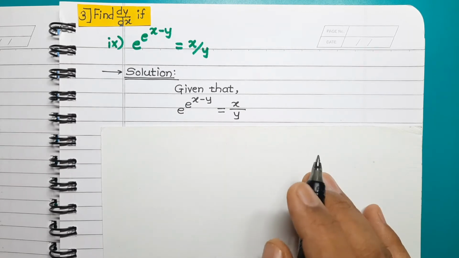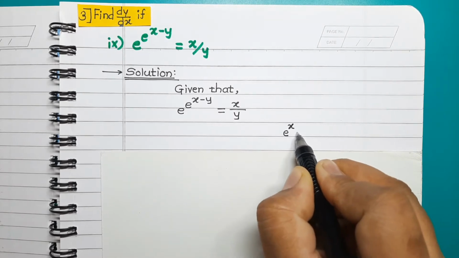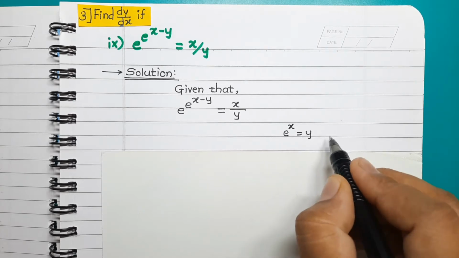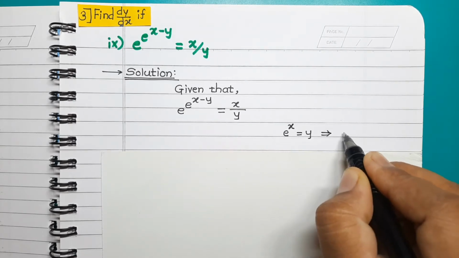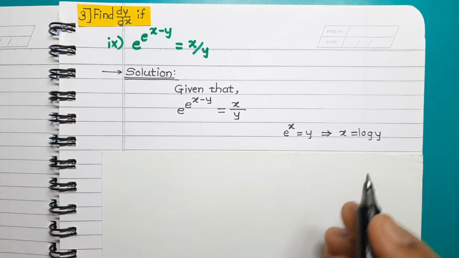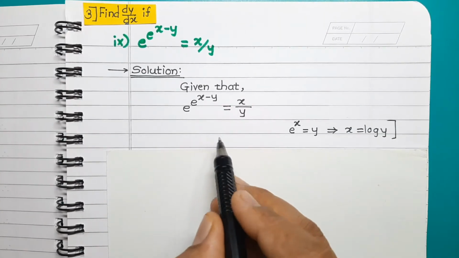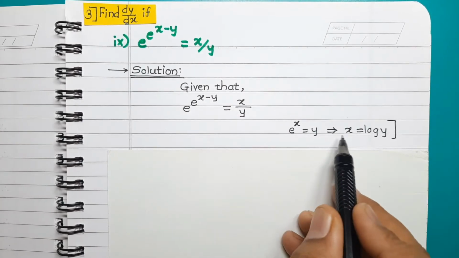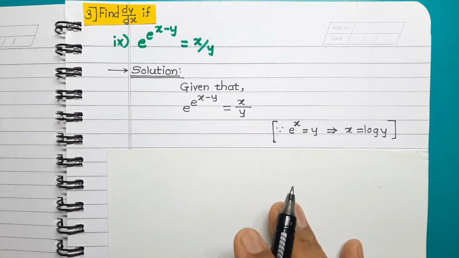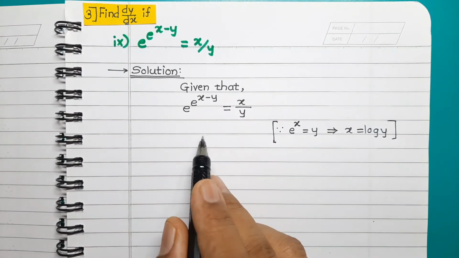Here we find this function in the form: if e raised to x is equal to y, that means if we have this exponential form, then we get x is equal to log y as the logarithmic form. So using this result, we can write this exponential form in logarithmic form.